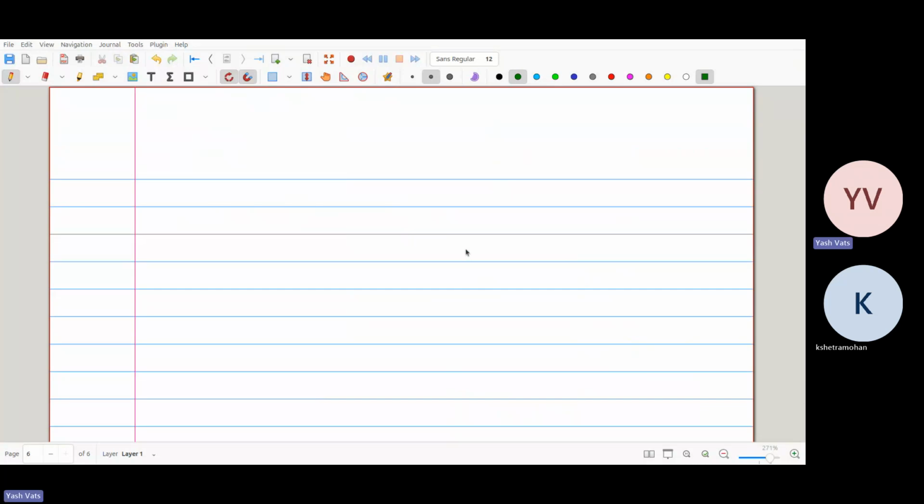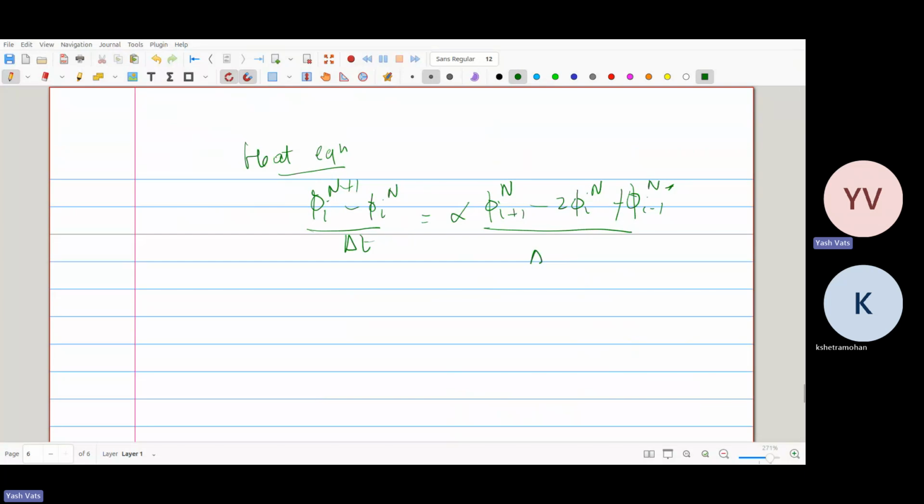We have already discussed this PDE, if you remember the heat equation: (phi_i^(n+1) minus phi_i^n) over delta t is the same as (phi_(i+1)^n minus 2 phi_i^n plus phi_(i-1)^n) over delta x squared.